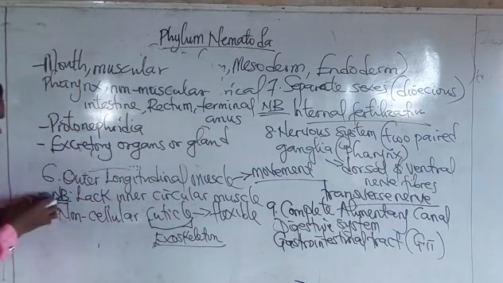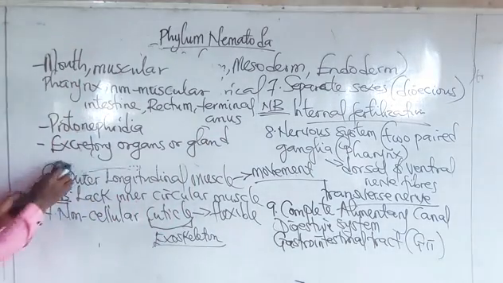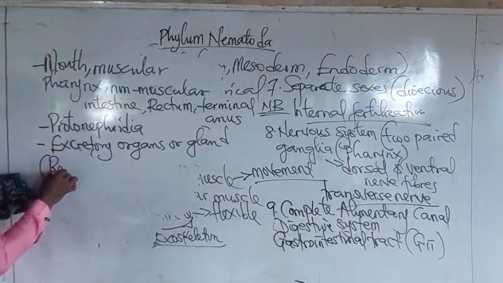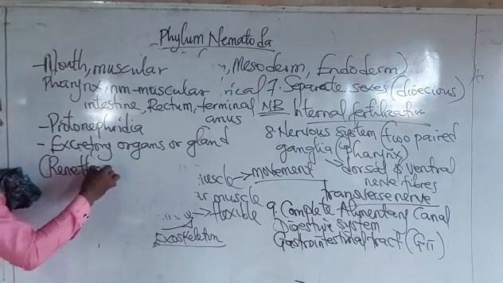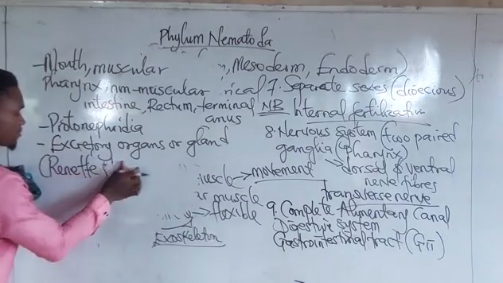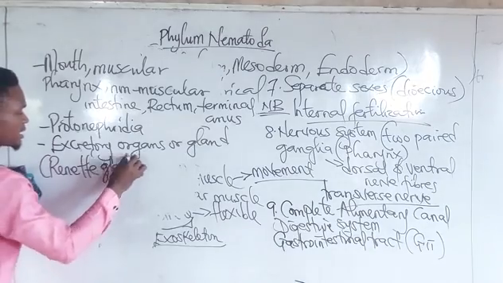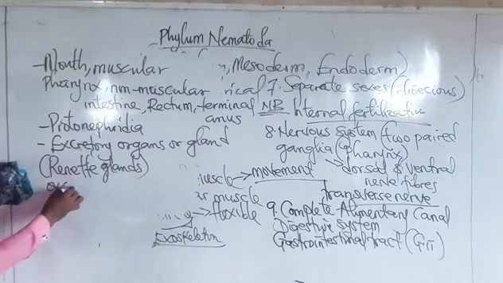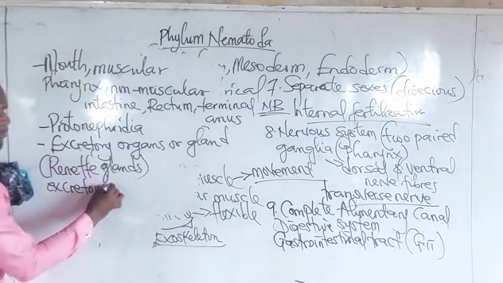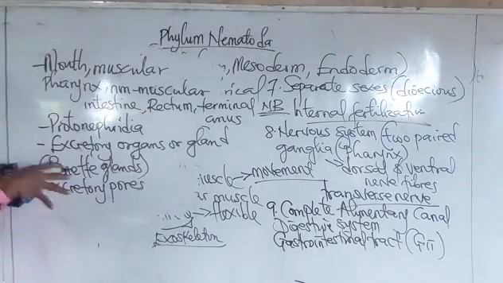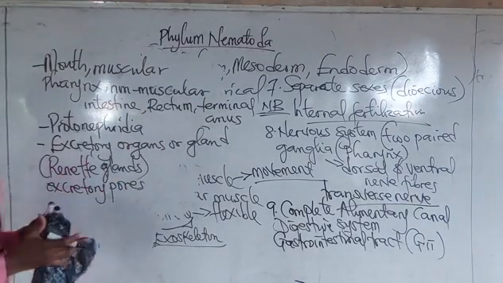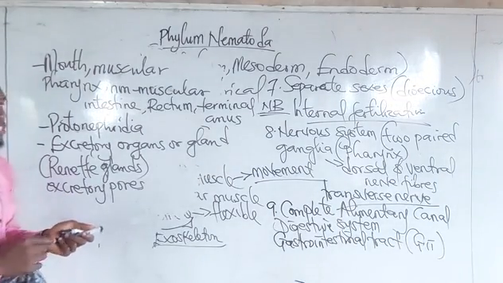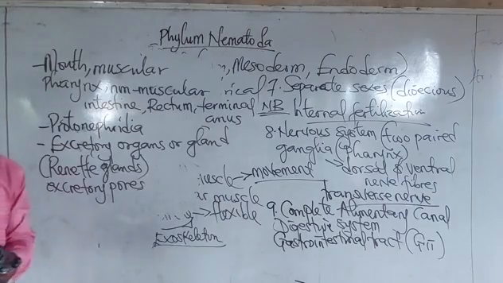Now these glands that are possessed by these organisms are called the renette glands. And these glands are opened by what are called excretory pores. All right, the excretory organs or glands possessed by these organisms are called what? Renette glands. Take note of that. It is very, very important.